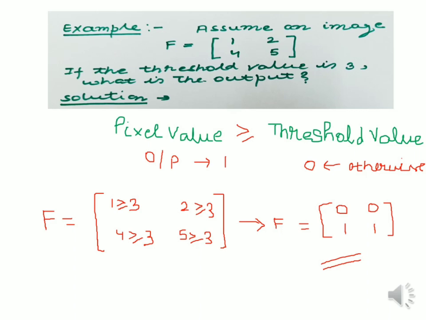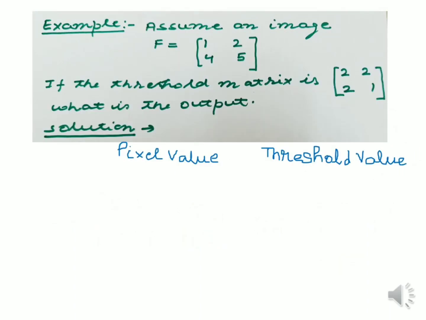A threshold may be in the form of a matrix as well, because here it is defined by a single value. That is why it is an example of single thresholding. Now let us do an example of thresholding with a matrix. In this question as well, an image is given as 1, 2, 4, 5, its pixel value intensities.